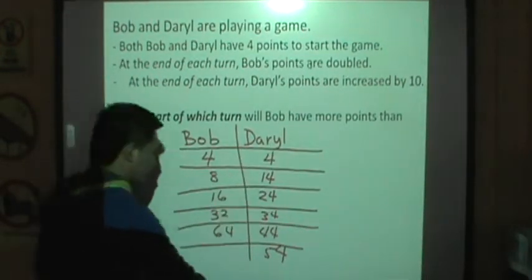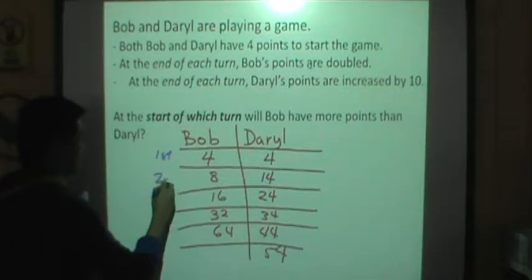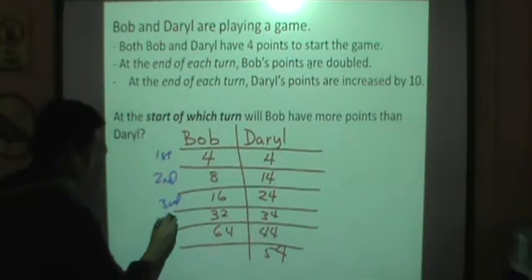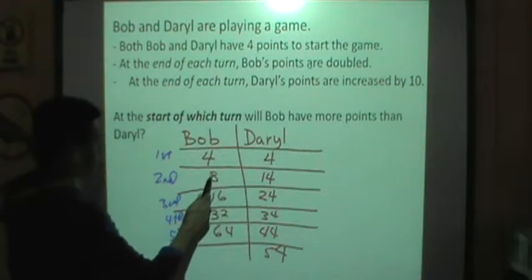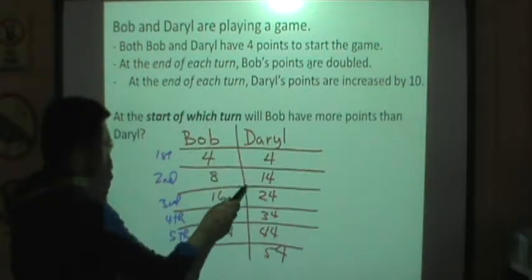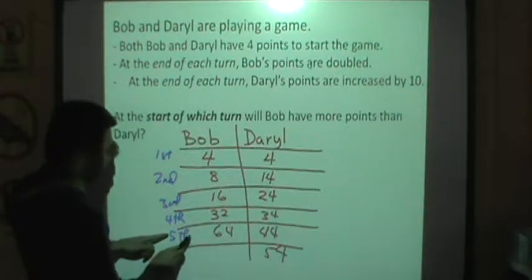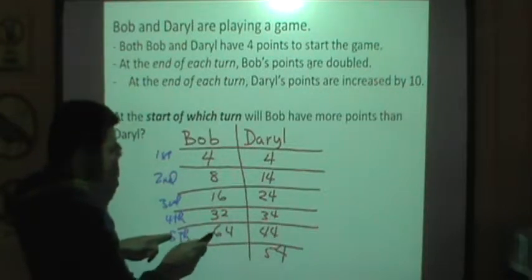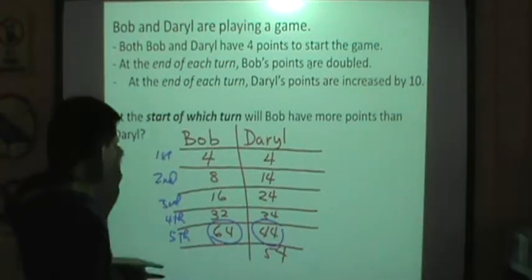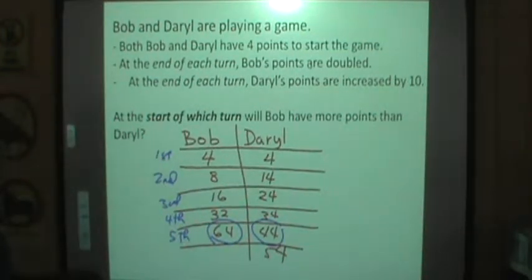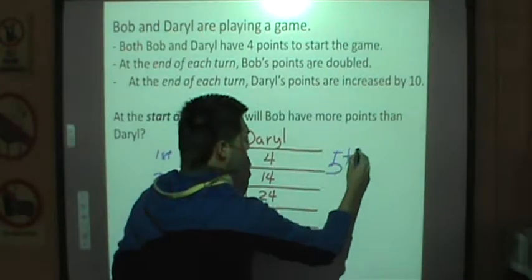I can say this is the first turn, second, third, fourth, and then fifth. Bob's is lower, lower, lower, still lower, but during the fifth turn, Bob now has 64 while Daryl has 44. So at the fifth turn, Bob will have more points than Daryl. So the answer is fifth turn.